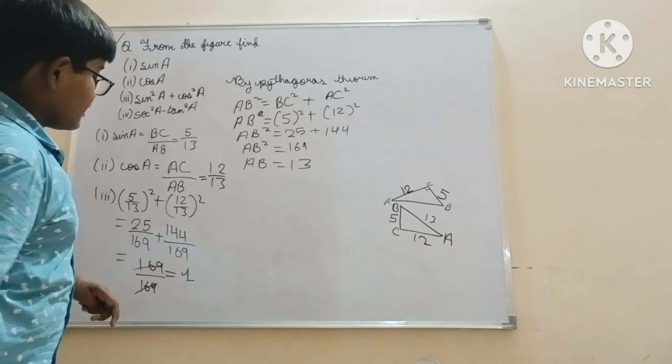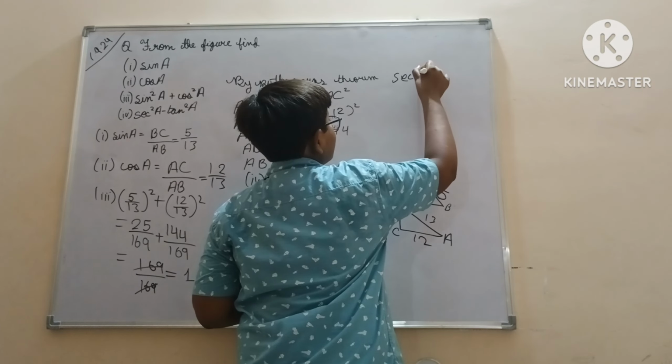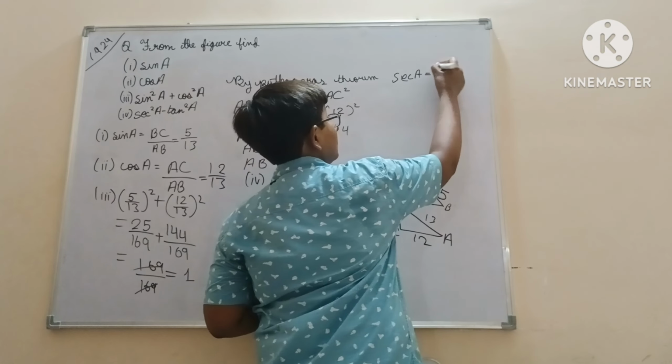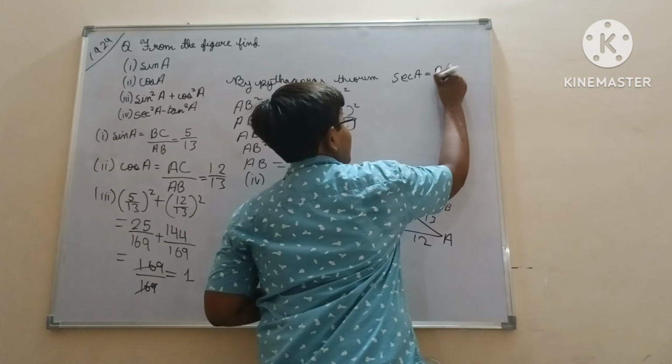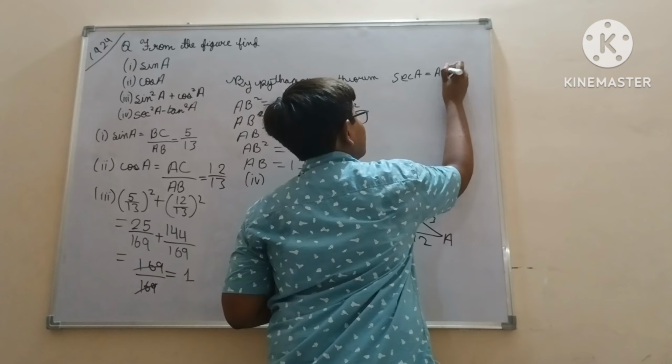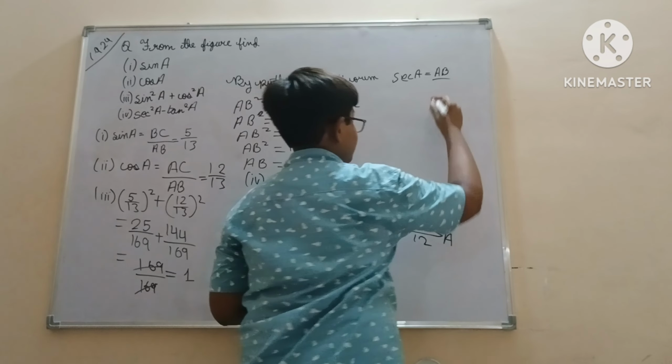Now we have to find the fourth ratio, which is sec squared A minus tan squared A. In order to find this, we first have to find sec A and tan A. Sec A has the formula hypotenuse divided by base. The hypotenuse of our triangle is AB and the base is AC.